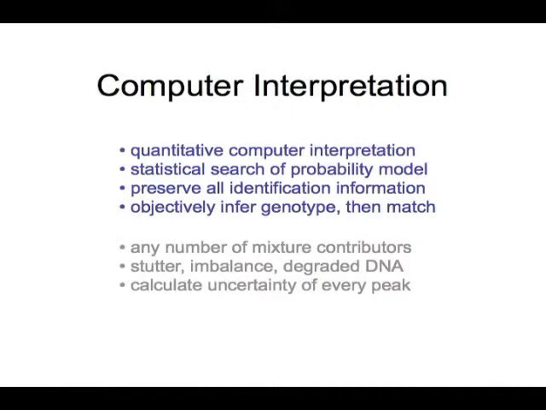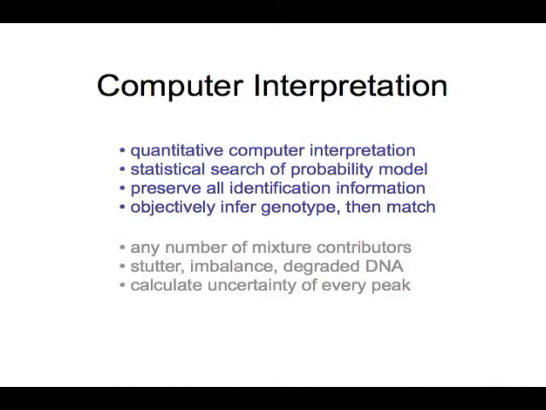genotypes. These sorts of computer interpretation systems involve a statistical search of a probability model. We'll talk not too much about any of the math of the models, but you have to do a very complete, thorough search to use Bayes' theorem. You have to explore all possibilities. The goal is to preserve all the identification information present in the evidence.